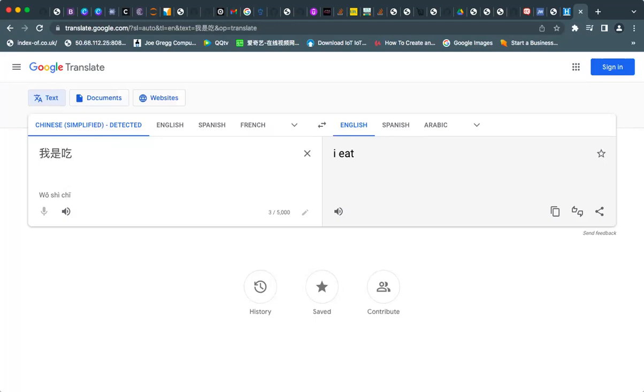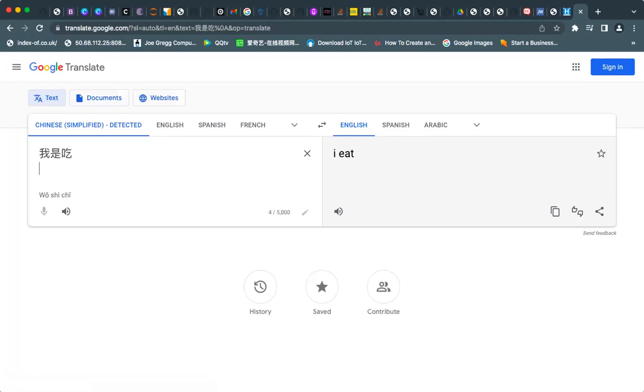But one of the rules that we have is that 是 is used to equate two nouns, all right?